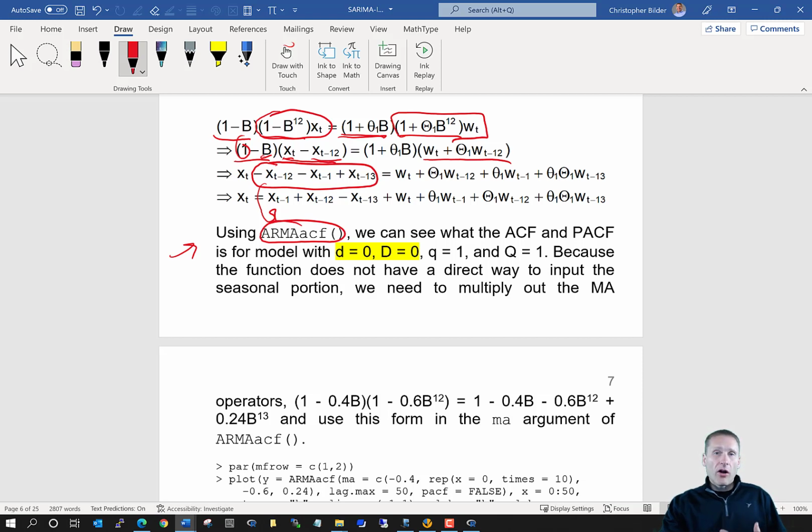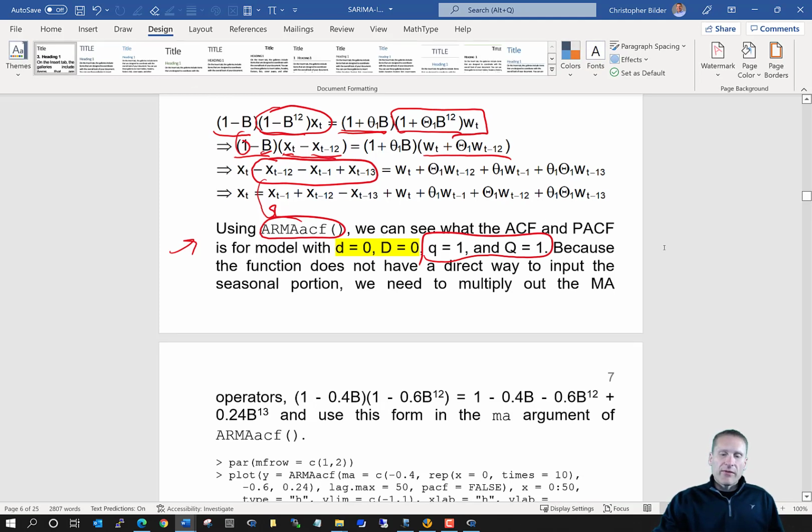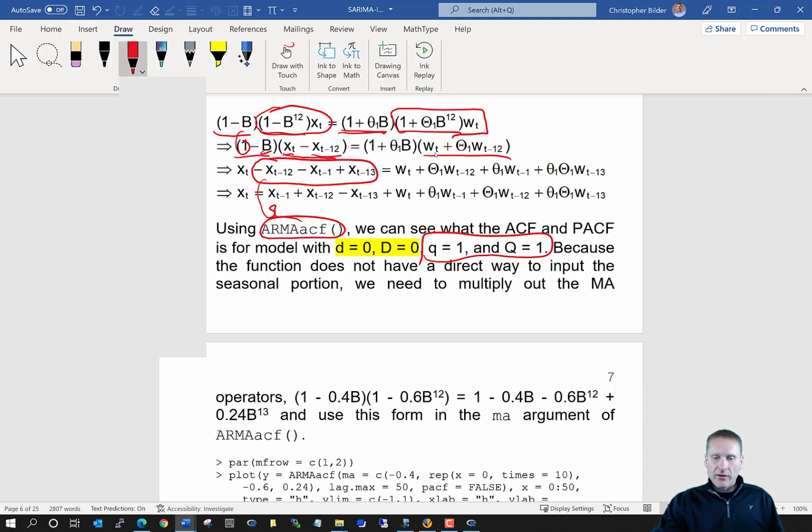So the ARIMA aspect of this model, let's say after the differencing has been done, we can see what the ACF and PACF would be for little q equal 1, capital Q equal to 1. But unfortunately, the function is not set up well to deal with the seasonal aspects of our data.